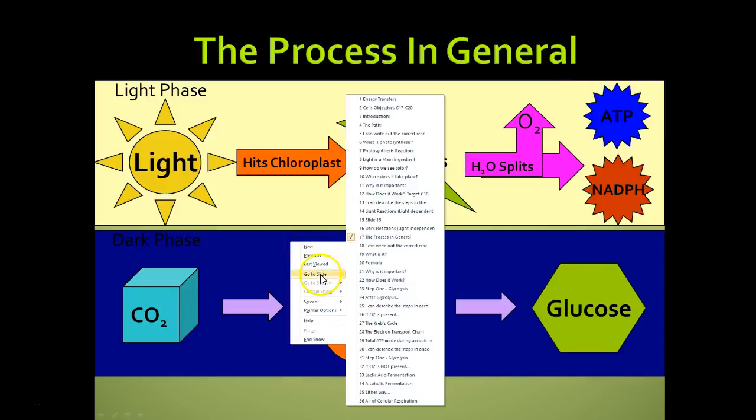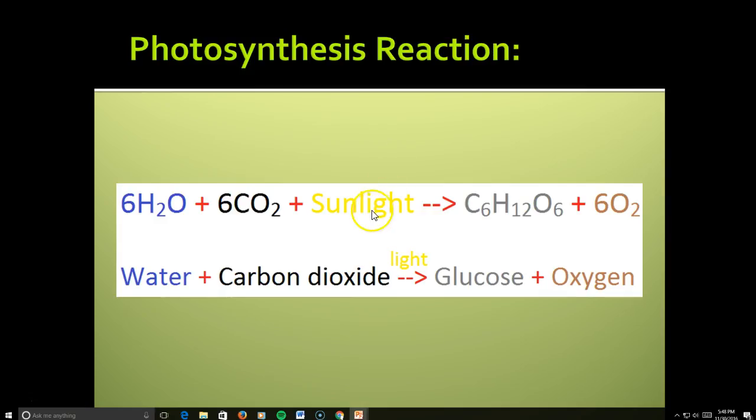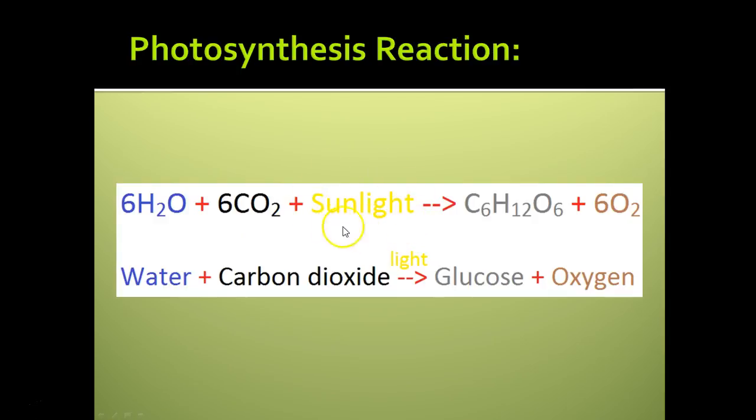Now I want to go back to the photosynthesis equation. Remember, this consists of the light reactions and dark reactions, or light-dependent and light-independent reactions. Think about what we just said. The light-dependent reaction uses sunlight. If you go back in your notes, circle sunlight.